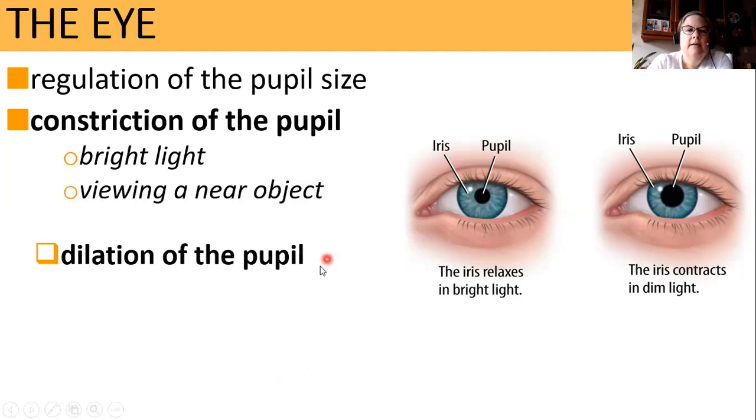Our pupil also constricts when we're looking for something close up. Now, one thing I usually do, and you can try this, is take something and put it close to your face until it becomes blurry, whatever you're looking at, a piece of writing or something.